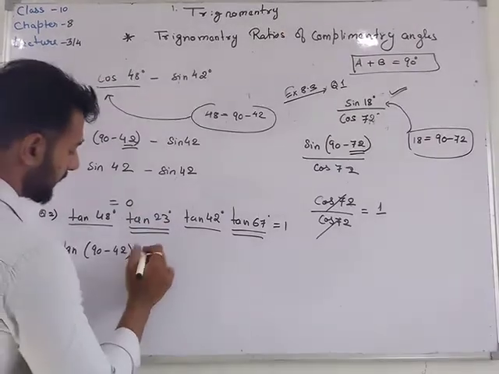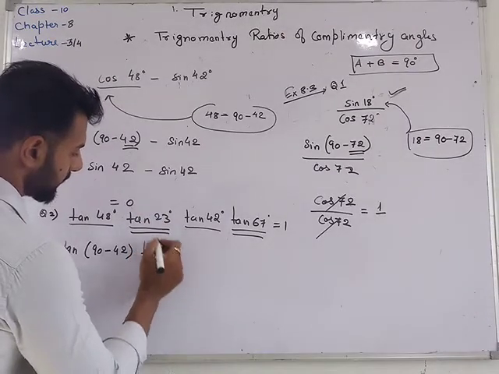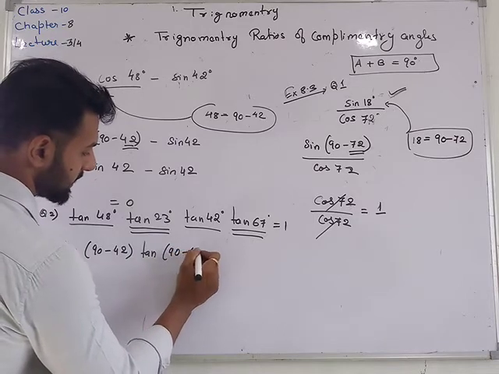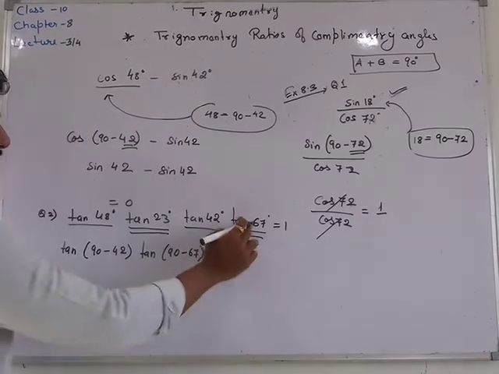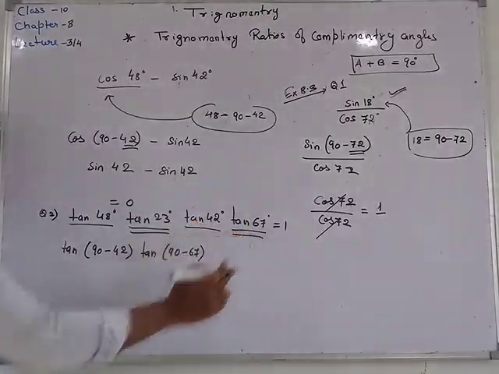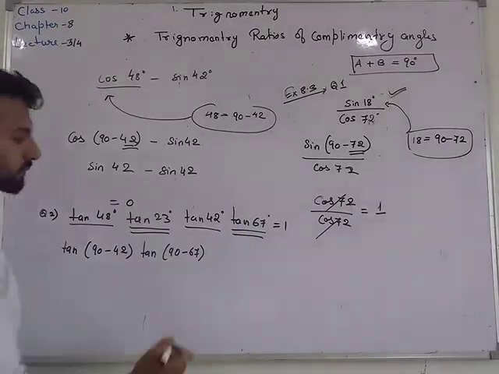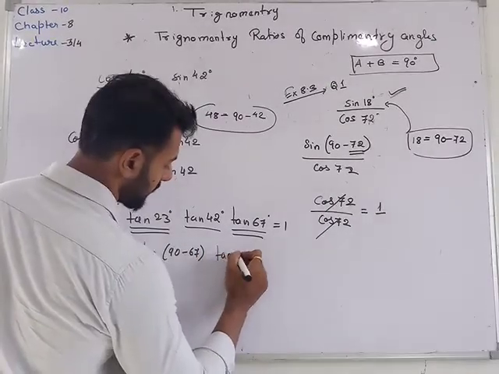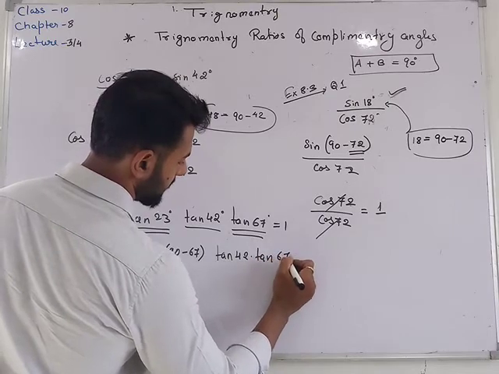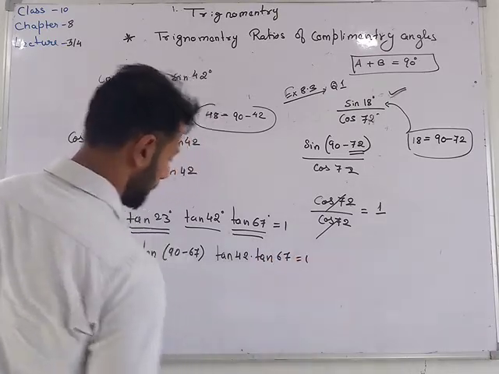Now this 23 can be written as tan 90 minus 67. Keeping the other two terms as they are, tan 42 tan 67 is equal to 1.